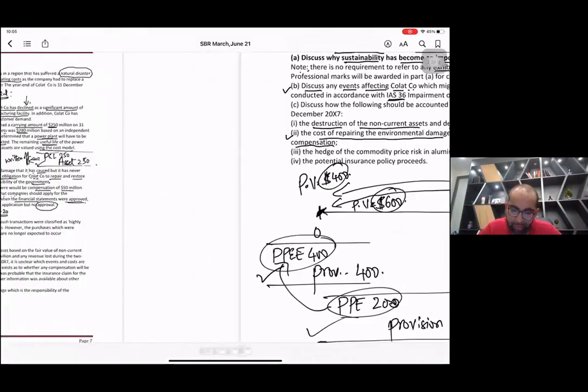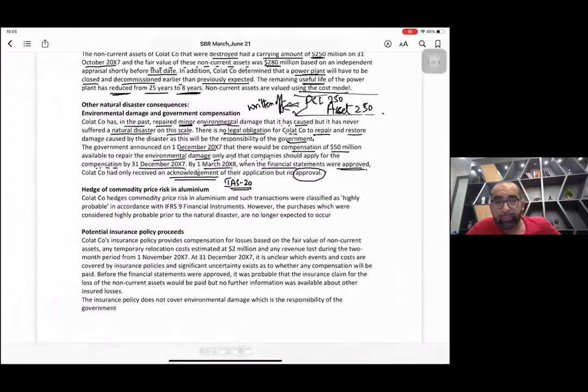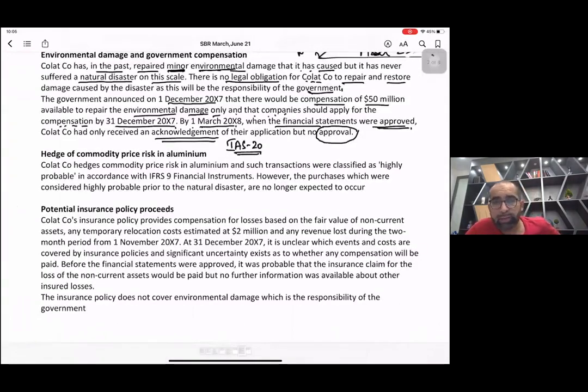Now, one of my favorite, and I always give lectures for this thing, hedging. I have taught this issue in my class.